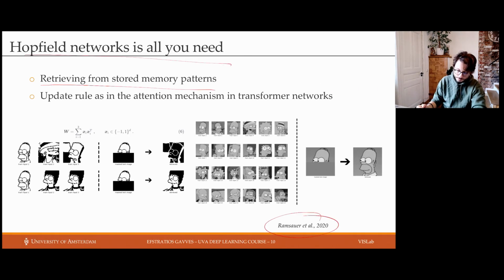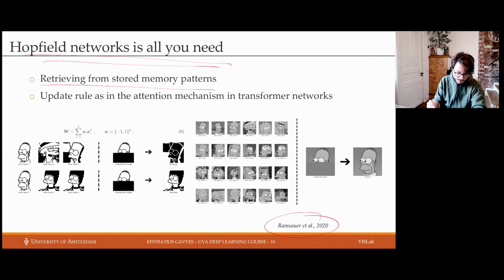And very recently there has been this quite nice work that I think might be worth checking out from Ramsauer and others, and I think also Sepp Hochreiter, the author of LSTMs.